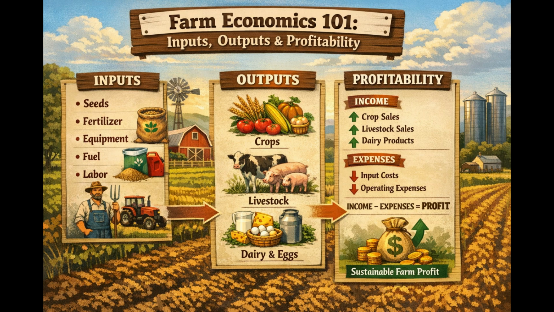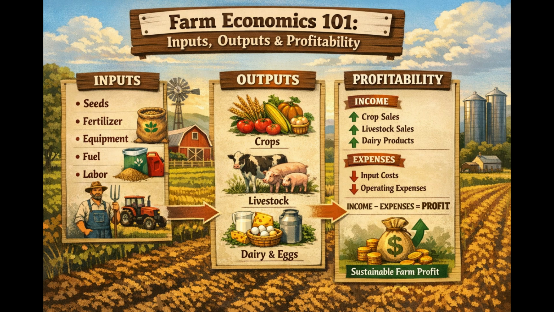His gross revenue did increase, but his costs increased even faster. His net profit dropped to $40,000. He was farming 3 times the acreage and making less money. Why? Because he scaled up production without scaling up his management systems, his efficiency, or his markets. He flooded his existing market channels, prices dropped, and the extra volume didn't help.